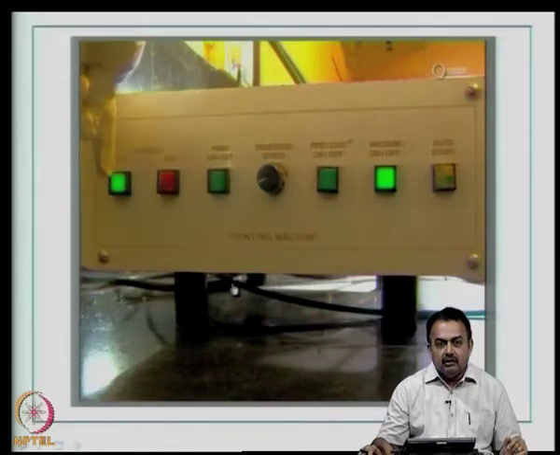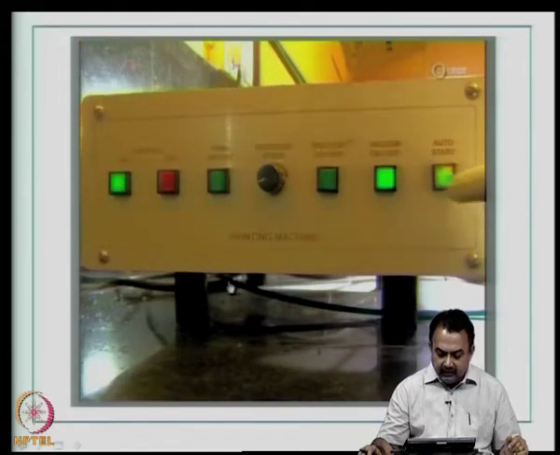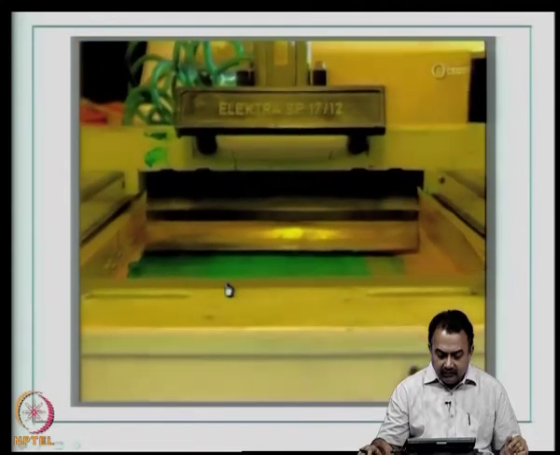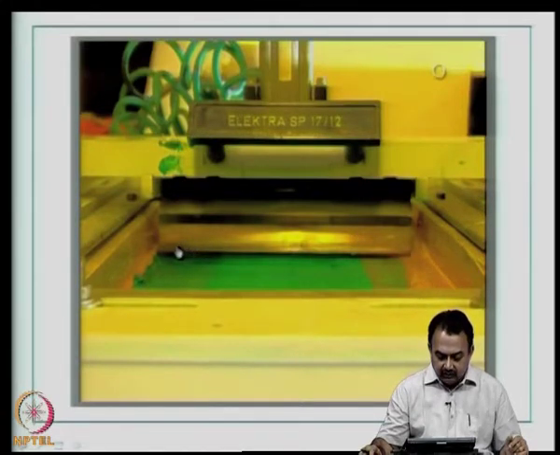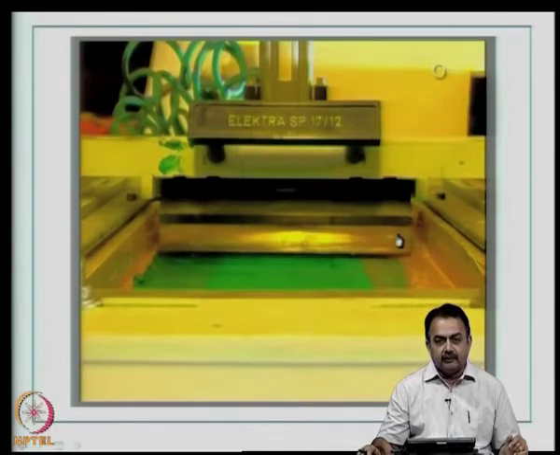Now, basically you are trying to create a nice hold using vacuum between the stencil surface and the PCB. Now, here you can see this is the squeegee blade mounted onto the screen printing machine.